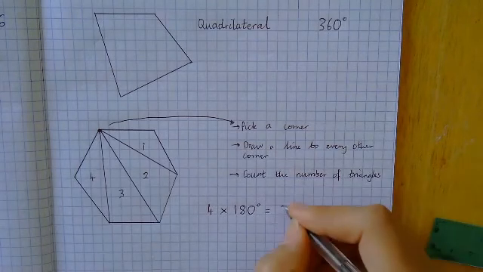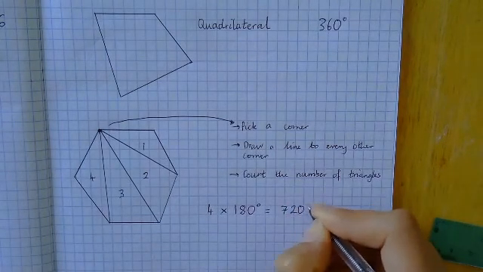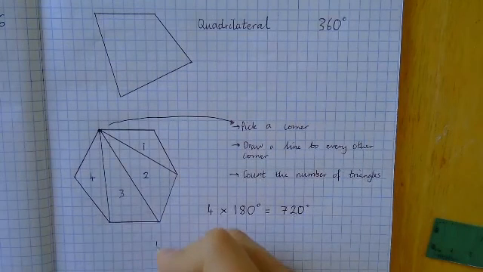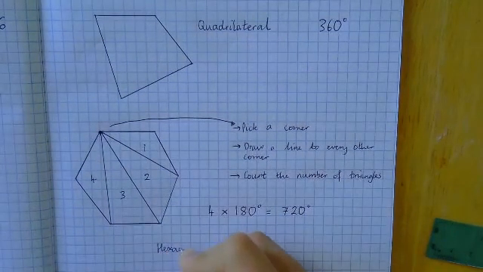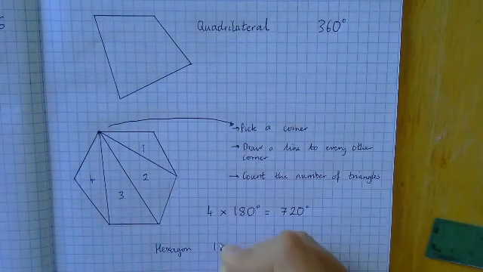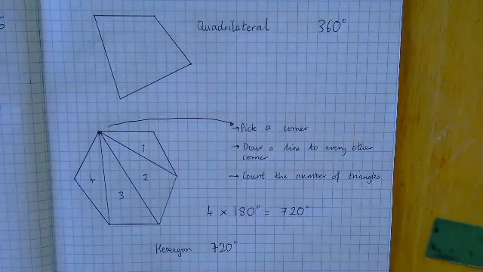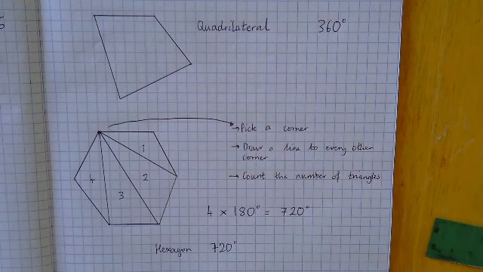So we're going to do 4 times 180, which gives me 720 degrees. So we've just worked out that angles in a hexagon add up to 720 degrees.